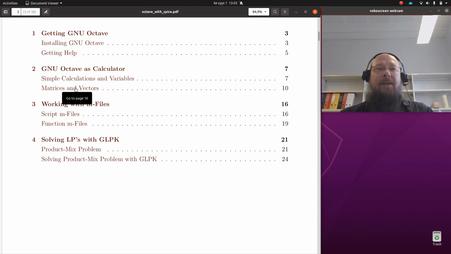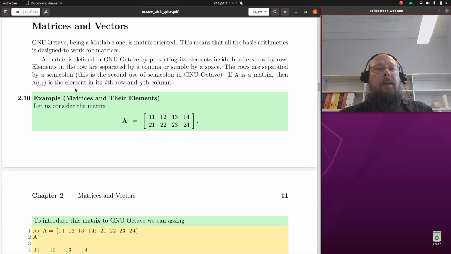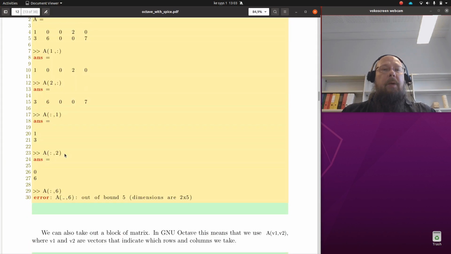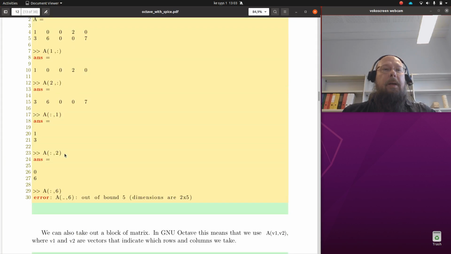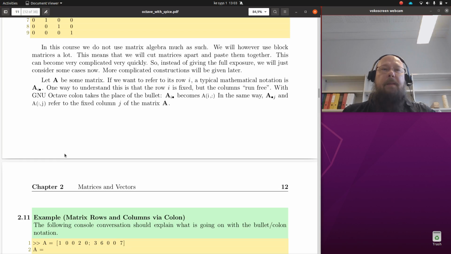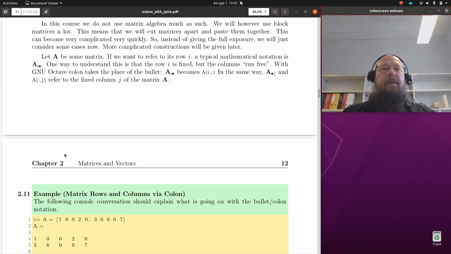With matrices, I mean matrix multiplication, division, summing, identity matrices, and so on. And now we are going to do cutting and pasting. We are now at the bottom of page 11 and the beginning of page 12.